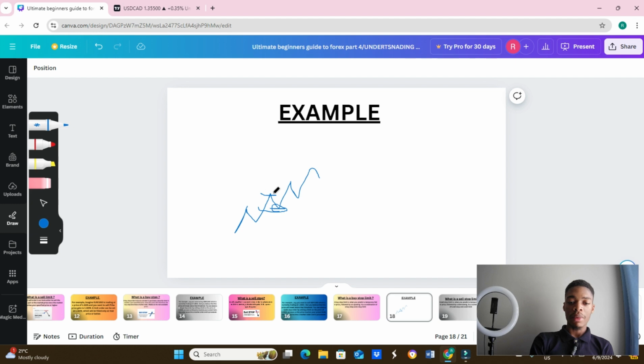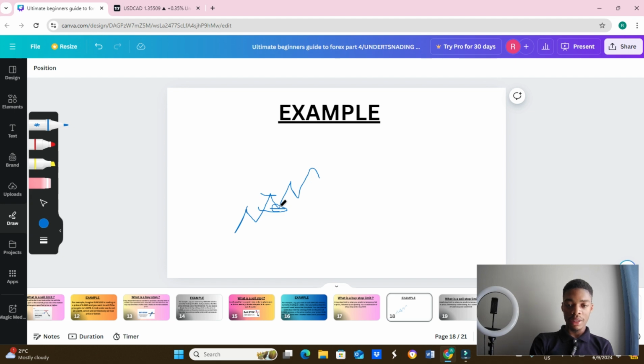Now, with the buy stop limit, say for instance the market is trading at this price, I anticipate that the market is going to go up first, then pull back, then continue upwards. What I would do is set a buy stop. So once price reaches that, instead of me going into a buy order once it is triggered, it then triggers what we call a buy limit instead.